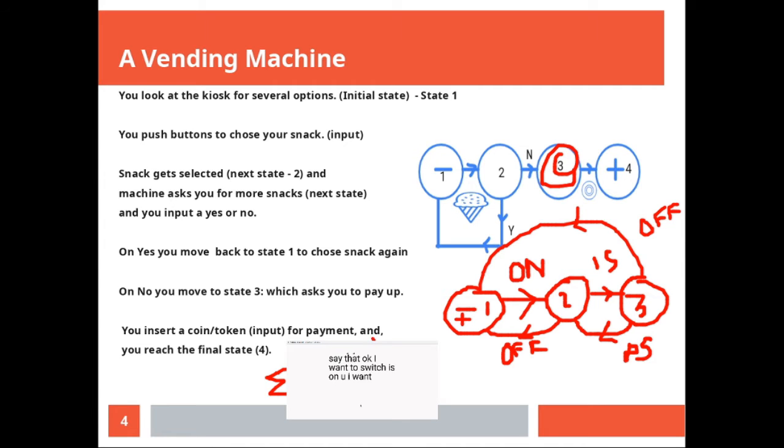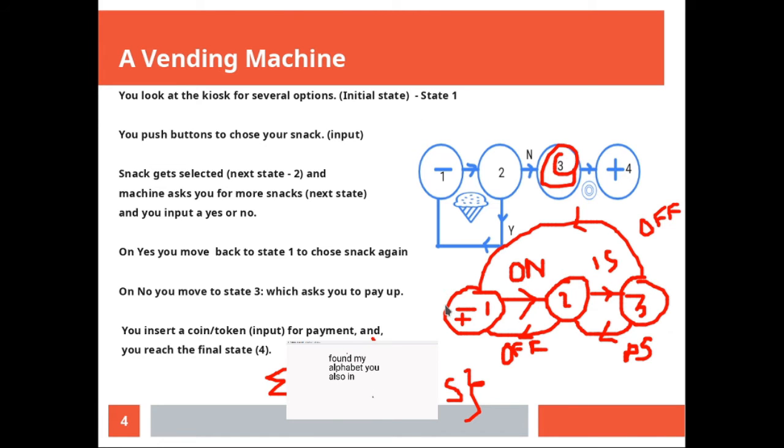I want to switch it off, and I want to increase speed, or I want to decrease speed. So these are my possible input symbols. So I have found my alphabet here.